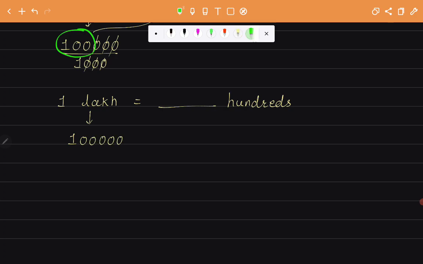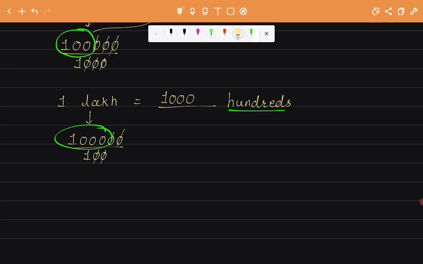Then we are concerned with hundreds, so let's put 100. 2 zeros cancel, so we are left with 1000. That is your answer: 1000 hundreds. So in 1 lakh, 1000 hundreds are included.